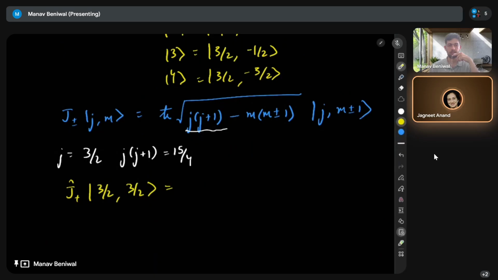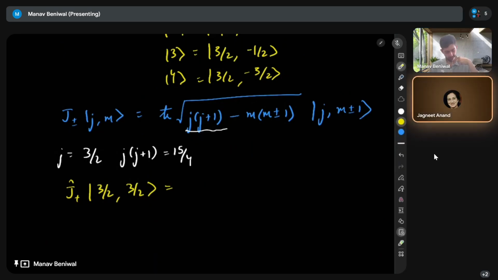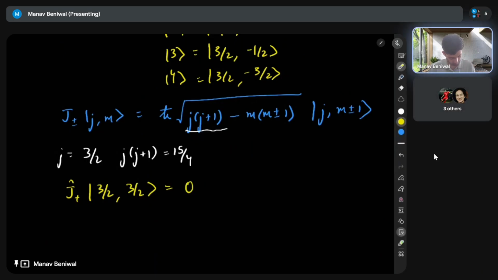It will go to 3 by 2, comma 5 by 2. But that is not possible, because m cannot have a value greater than 3 by 2. So this will be 0. We cannot raise this state; it is the highest possible state, so applying a raising operator will give us 0.